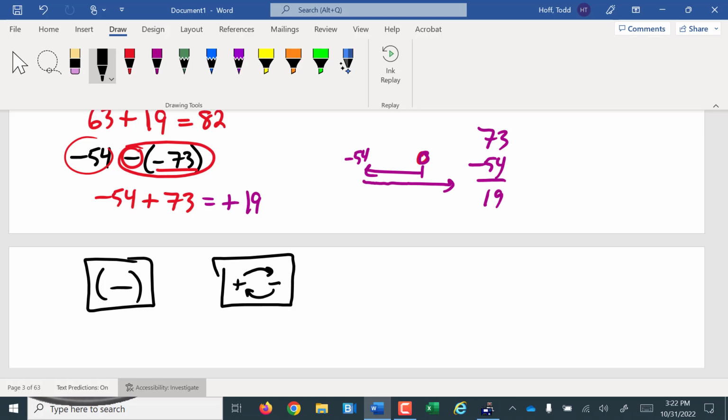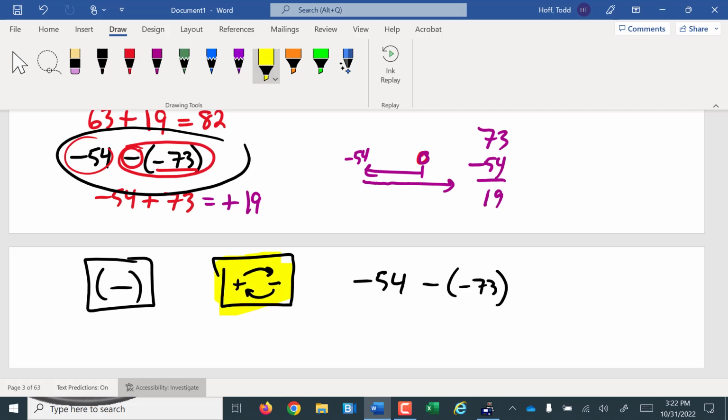So you would enter the number first, and then you'd press that key. So to enter this up here, negative 54 minus a negative 73, if you have this button, you would enter 54, swap sign, minus 73, swap sign to make it negative, and then you'd hit equals.